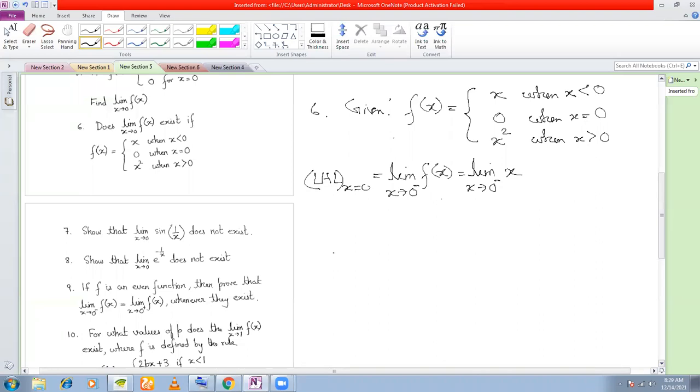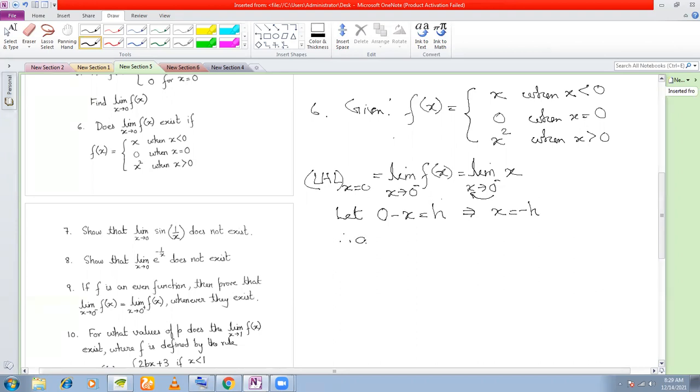Yes, sir. And in order to evaluate the left hand limit, how do you evaluate left hand limit? You put 0 minus x is equal to h, right? This minus this, that means we get x is equal to minus h.